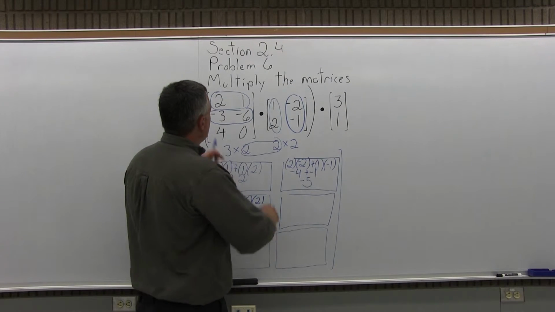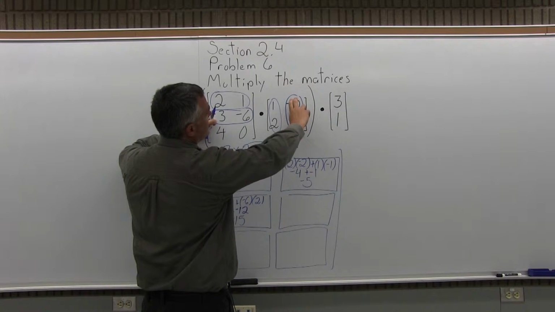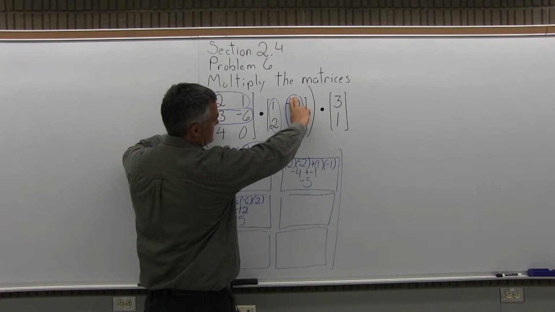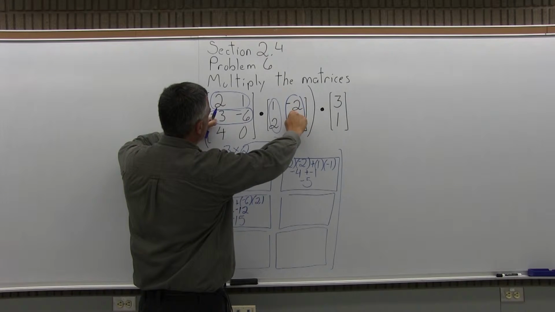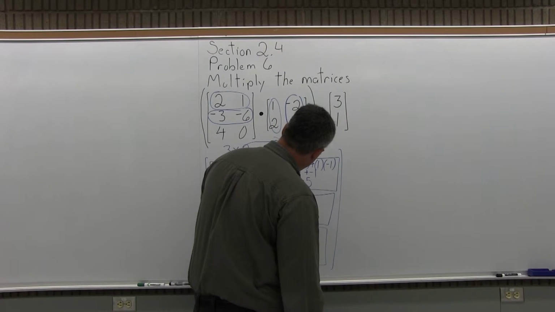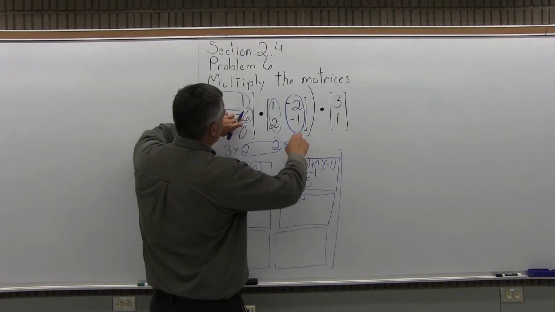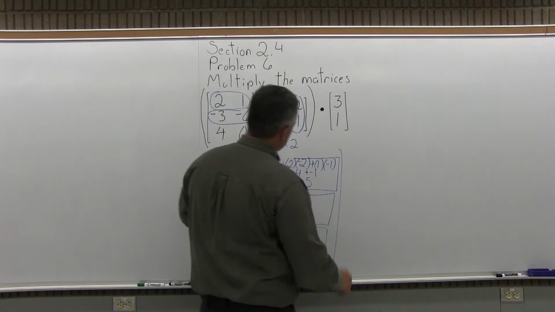Now I'm going to multiply the middle row of the first matrix, -3, -6, times the second column of the second matrix, -2, -1. So first times first is -3 times -2, plus second times second, -6 times -1.